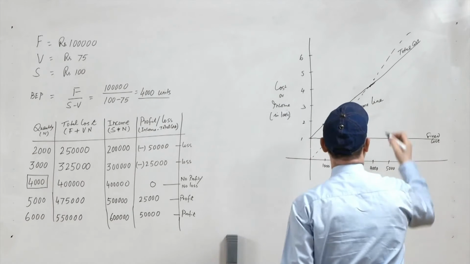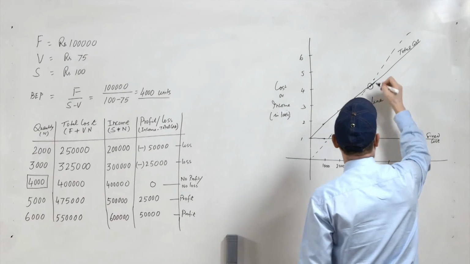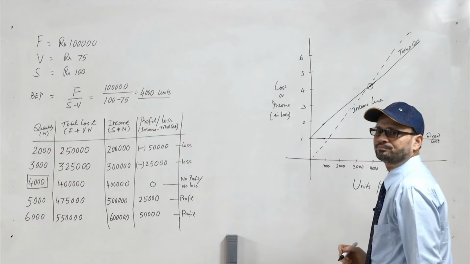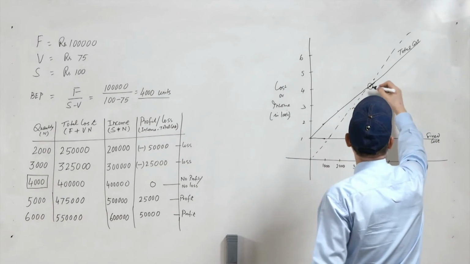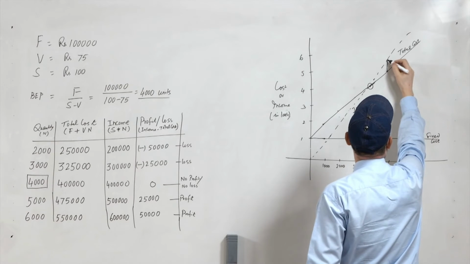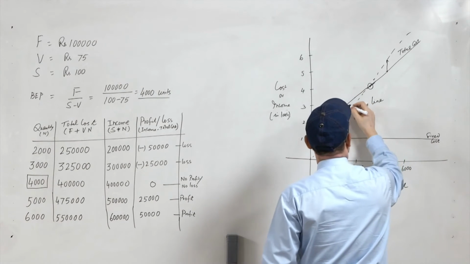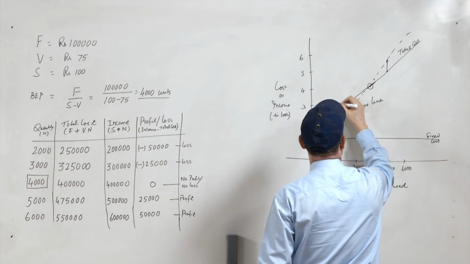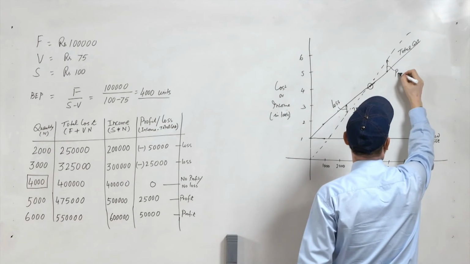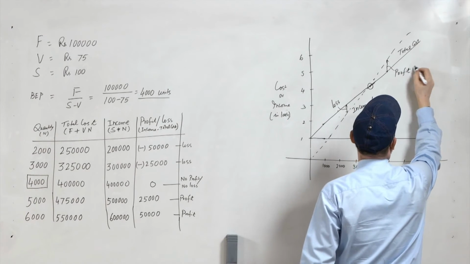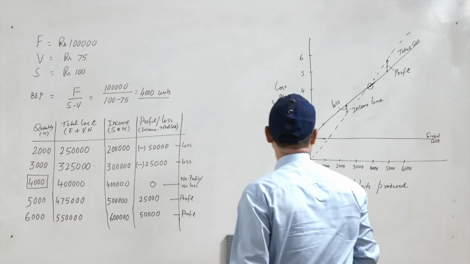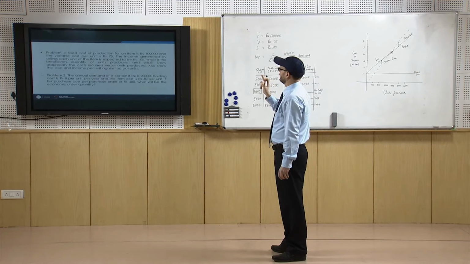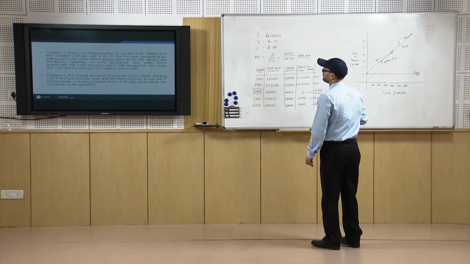So, what we see is the total cost at this point is equal to the income produced. Once we move to this side, you get the profit, and if you are on this side, you are in the loss. So, this is how you can draw these costs against the number of units produced.